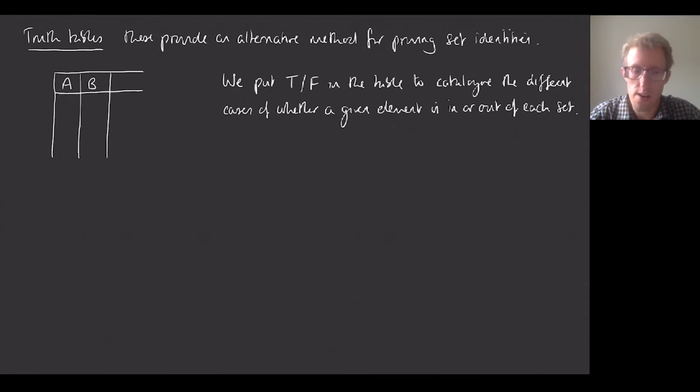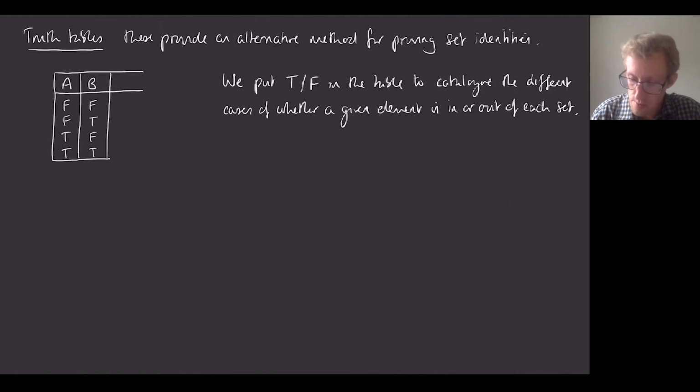And the columns are going to correspond to different sets. So with two sets, there's going to be four possibilities, as I said. So we could be not in either A or B, in which case we put F and F. We could not be in A, but we could be in B. Or we could be in A, but not in B. Or we could be in both of them. And that's the four possibilities.